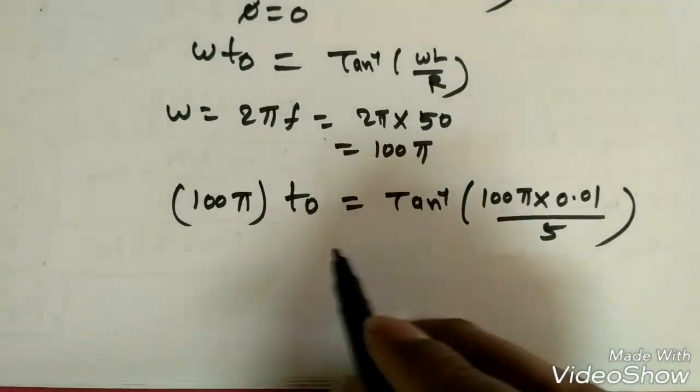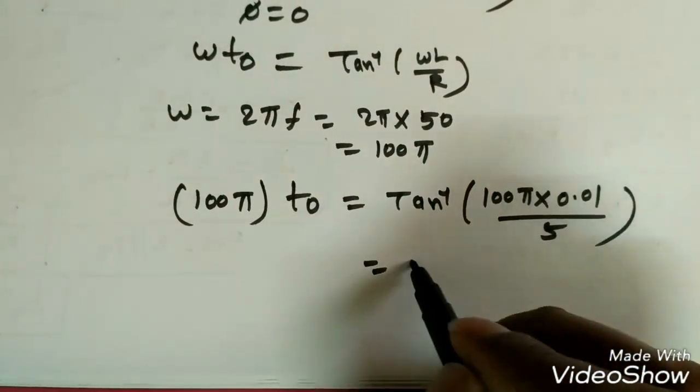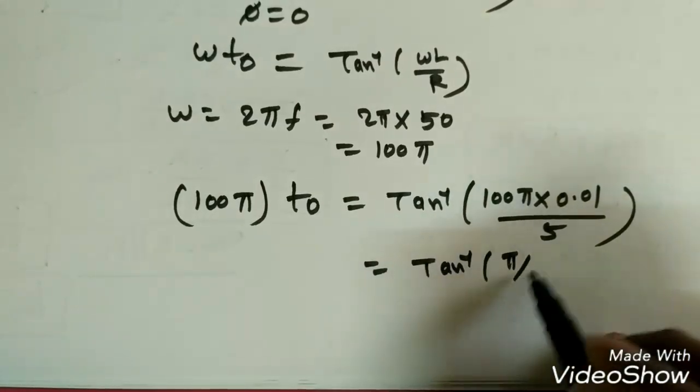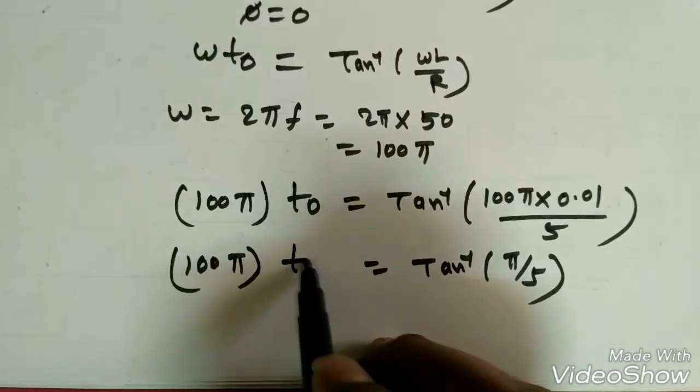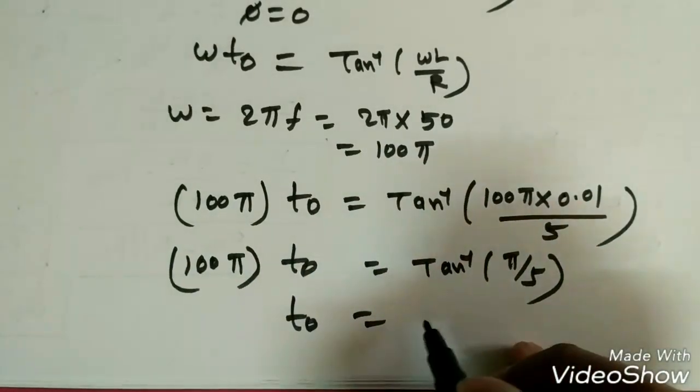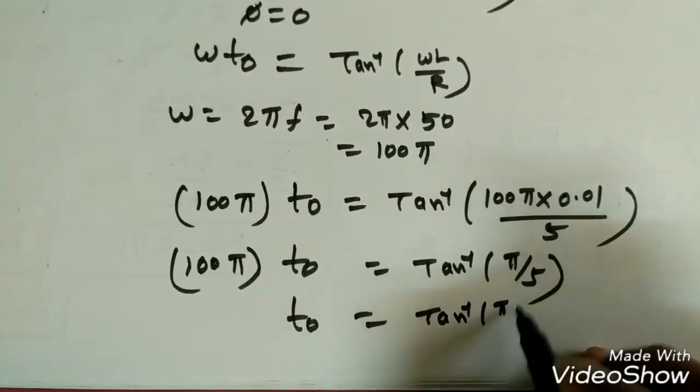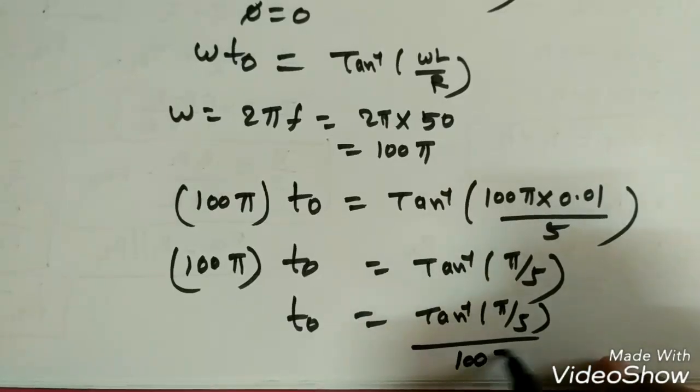Now if I solve, I will directly get tan inverse pi by 5, and here 100 pi into t naught. So t naught is nothing but tan inverse pi by 5 divided by 100 pi.